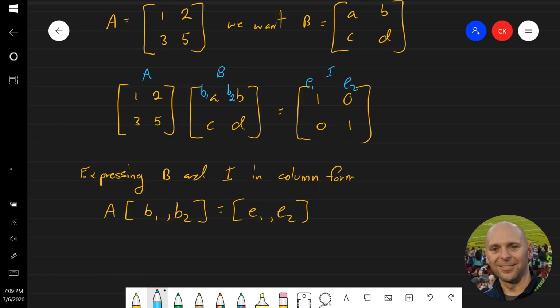So we're taking A times the column B1, and then A times the column B2, and over on the right-hand side of the equation, you can see I've got column E1 and column E2 associated with each of the columns in I. So just trying to articulate where all those pieces are coming from there.